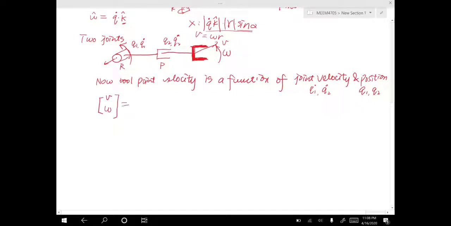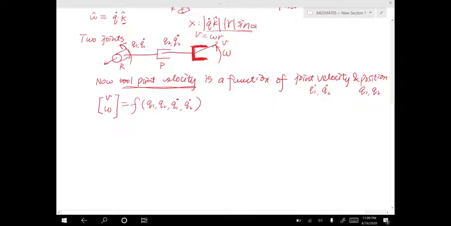And again, these tool-point velocities, including the linear velocity and the angular velocity, are a function of both positions and velocities of all the joints. In this case there are only 2 joints, so that's going to be q1, q2, q1 dot, and q2 dot.